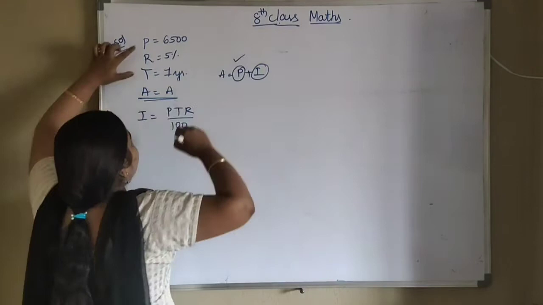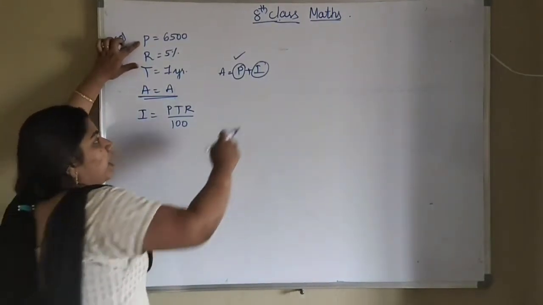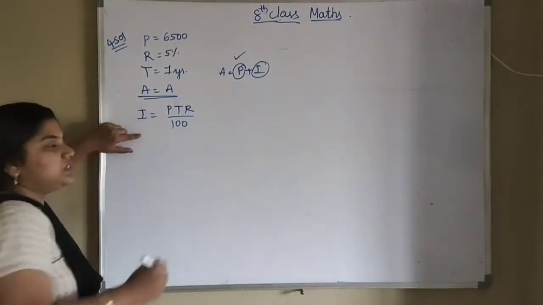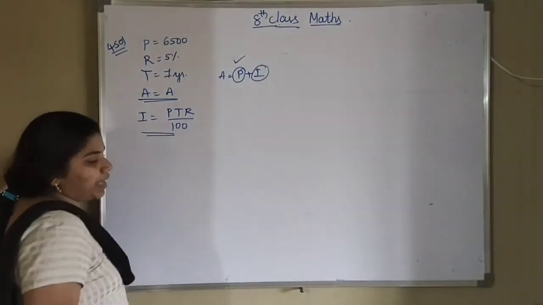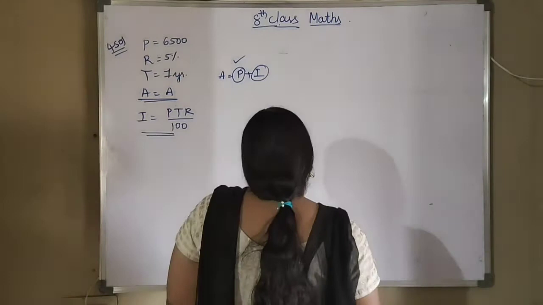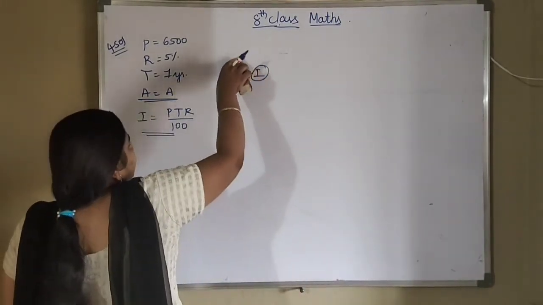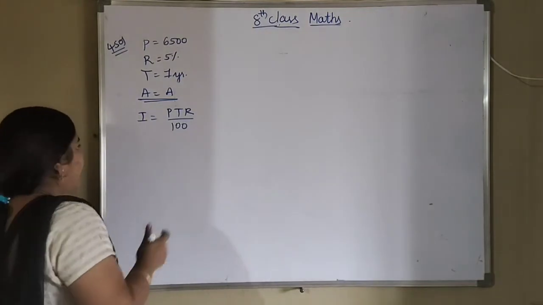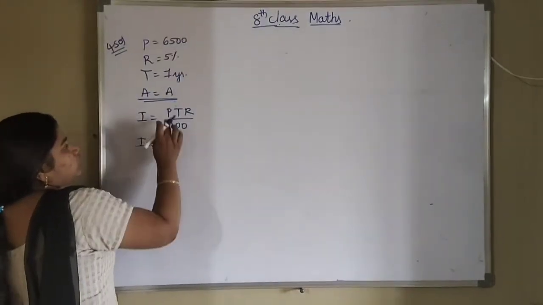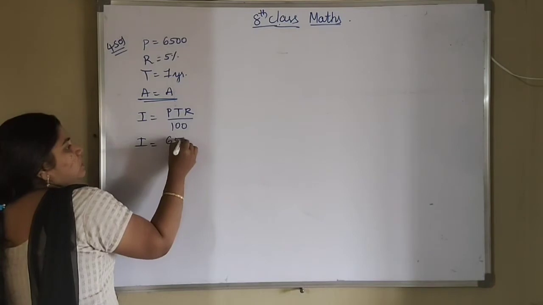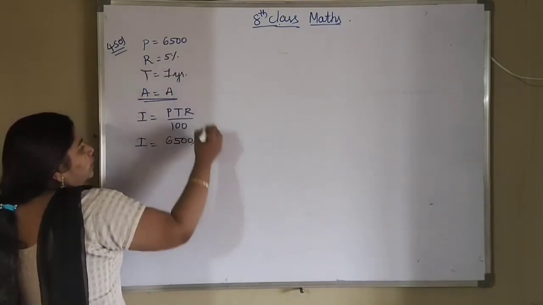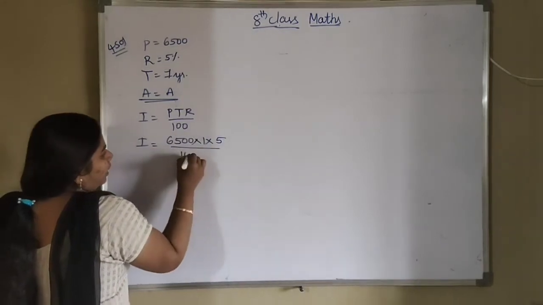So the P value we know, that is 6,500. The I value we don't know. So first we find the I by using I is equals to PTR by 100. So first you find the I value, after that you will get the A value. So I is equals to PTR by 100. What is the P value? 6,500 into time 1 year into rate of interest 5 by 100.